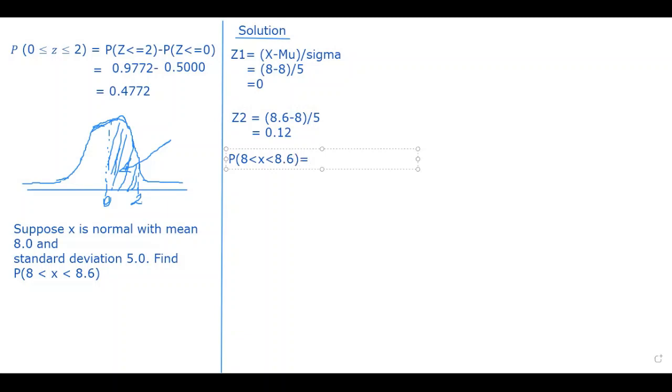You standardize it, so it's the probability that the 8 you standardize to 0, less than or equal to Z, less than or equal to the 8.6, which gave us 0.12. You get it? So from here you use this one.